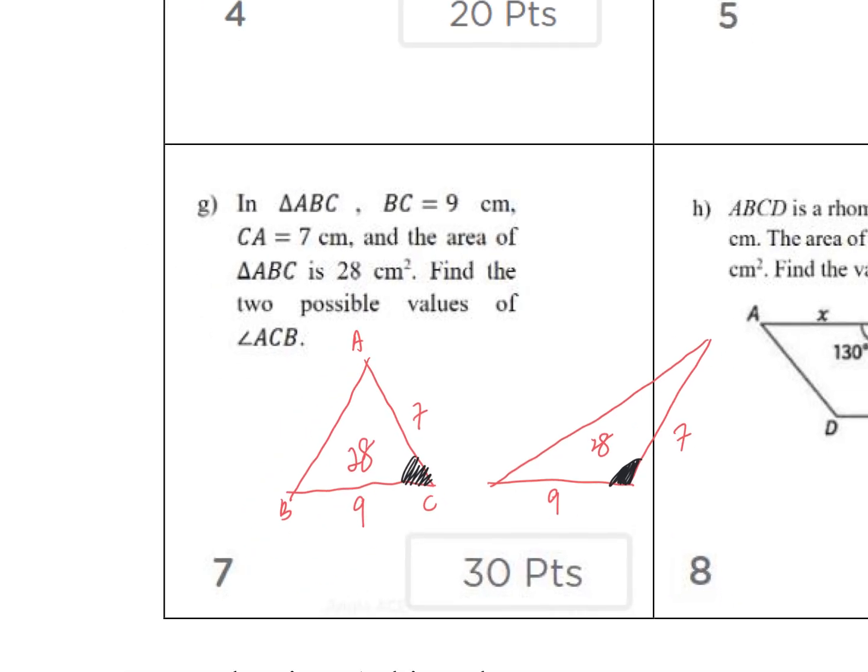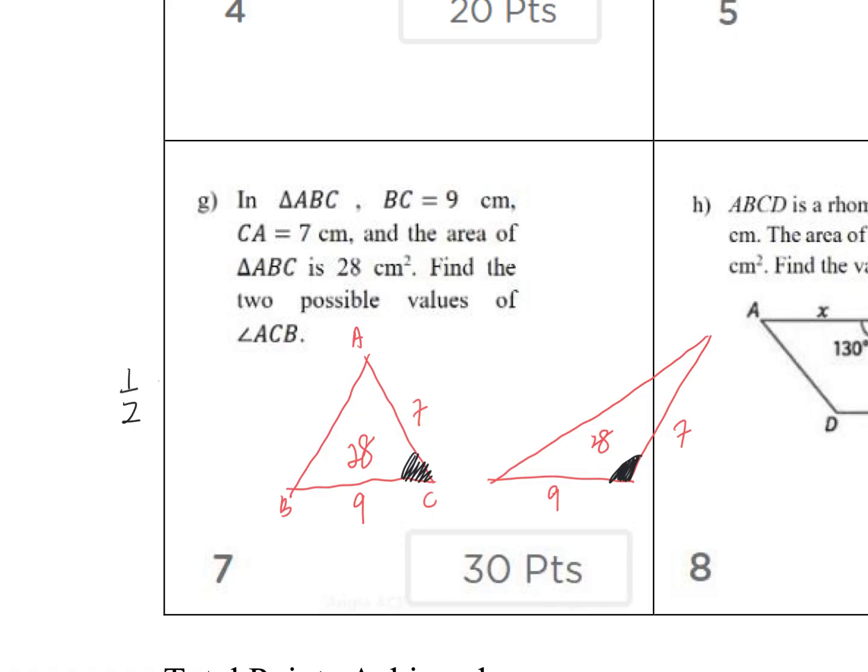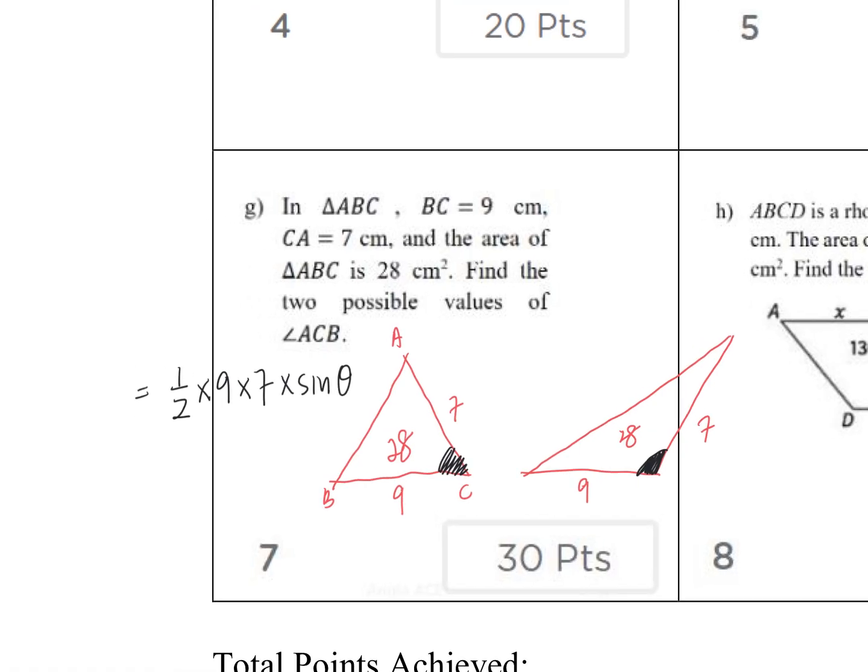So with that, half times 9 times 7 times sine of the angle theta should give me 28. So if you do your calculation, 28 divided by half, divide by 9, divide by 7, you end up having 8 over 9. So what are the 2 possible angles you can get? You do a sine inverse.